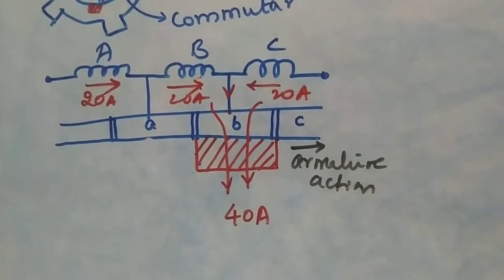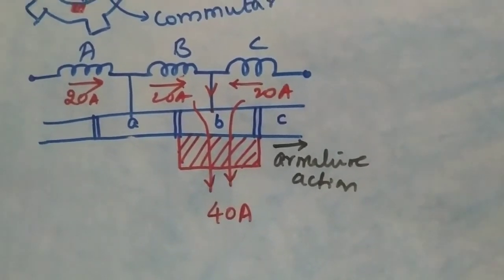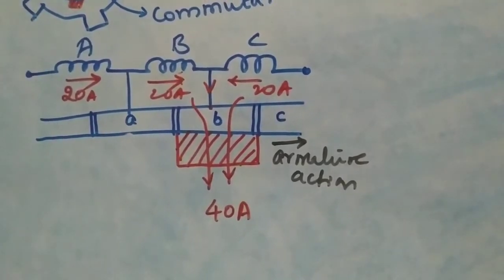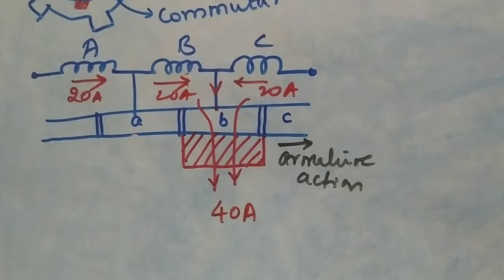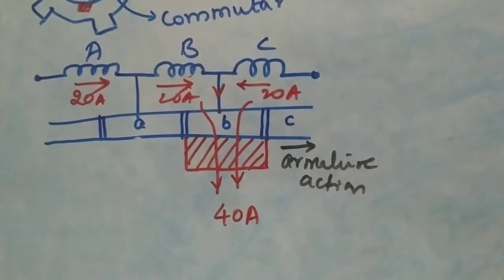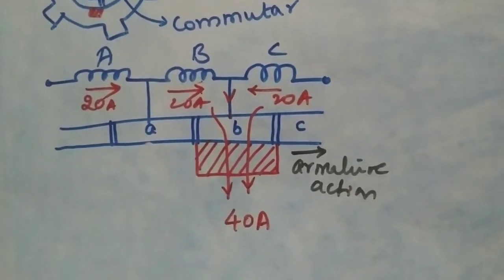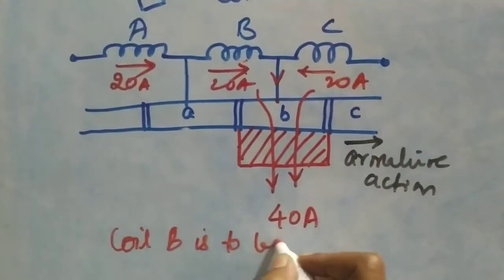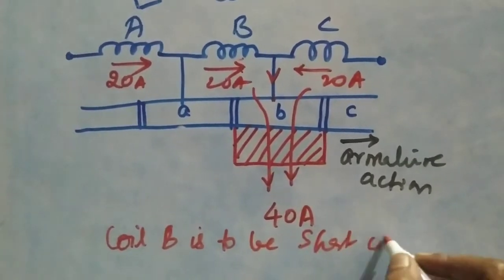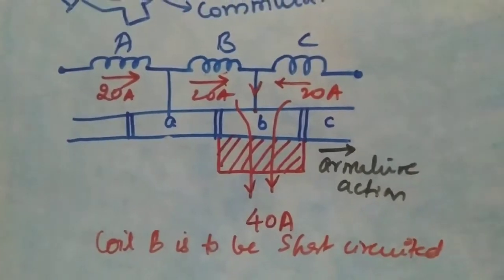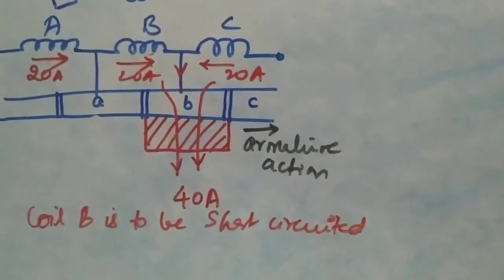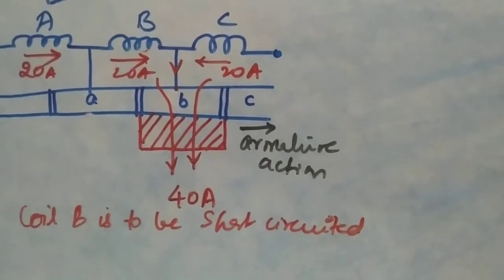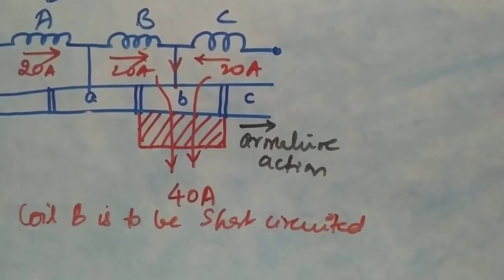Now let us see what will happen when the coil B is entering the short circuit period, and what will be the change in the current in coil B.